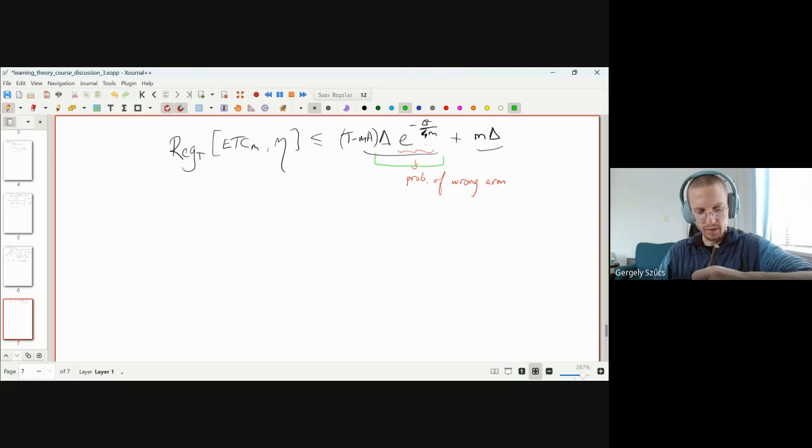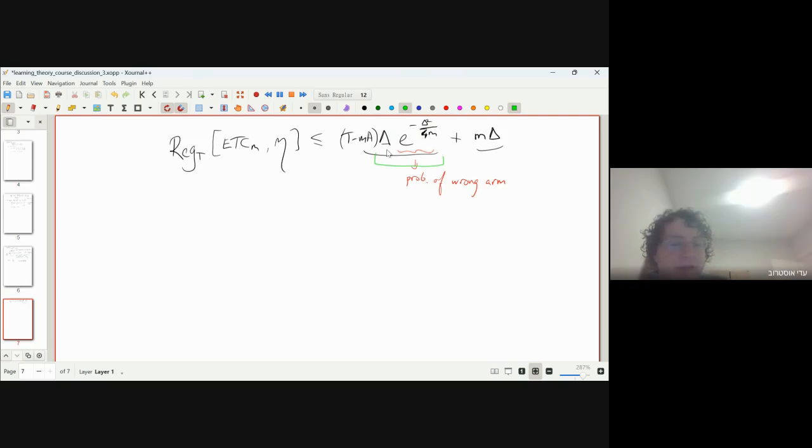So maybe one thing to do is to try to find a bound on this product in terms of m, which is independent of delta. That would be maybe a hint on how to get started. Okay. Thanks for the help.